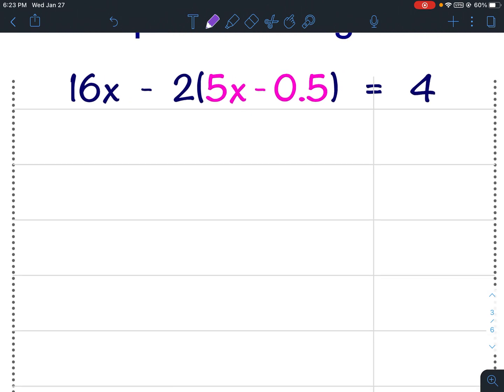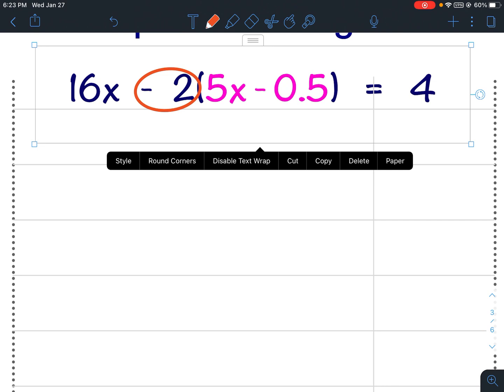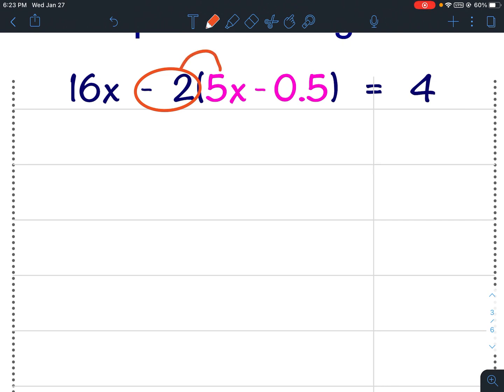Remember, at any point, if you need to pause the video, please do so. I'm going to start with the distributive property. Now, be careful because this is a negative 2 that we're multiplying by. So I'm going to distribute negative 2 to both terms inside the parentheses. That's 16x out front.